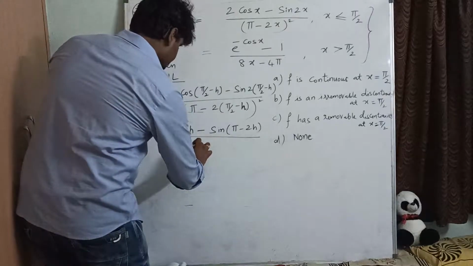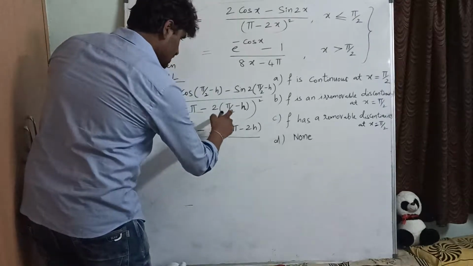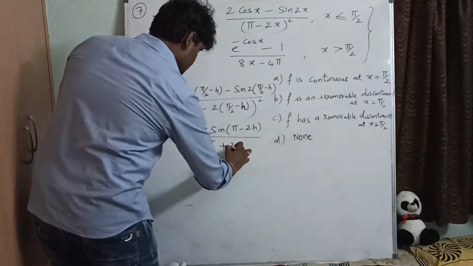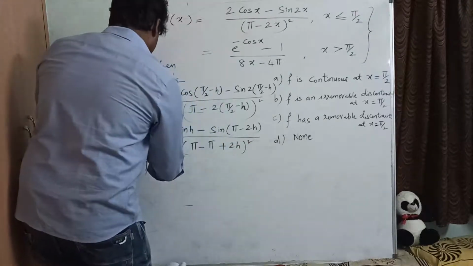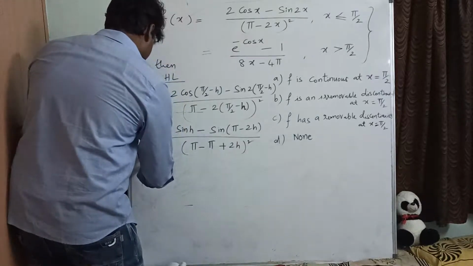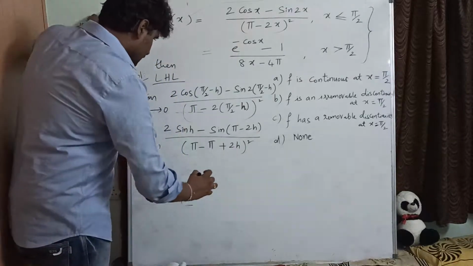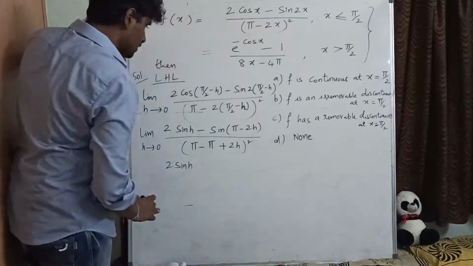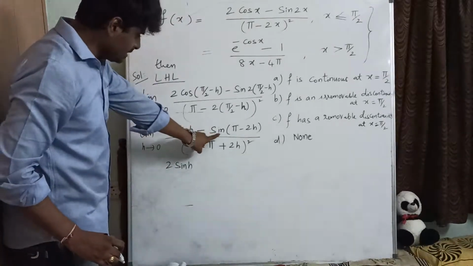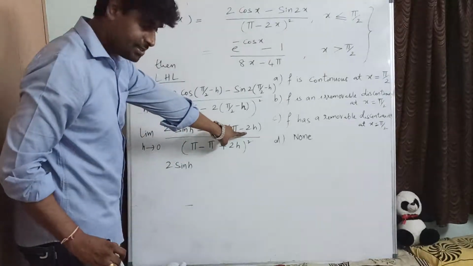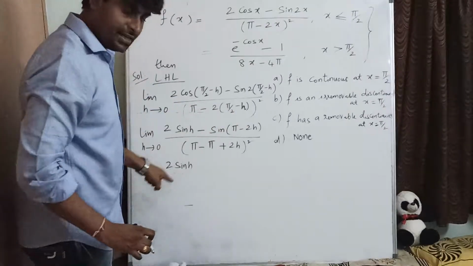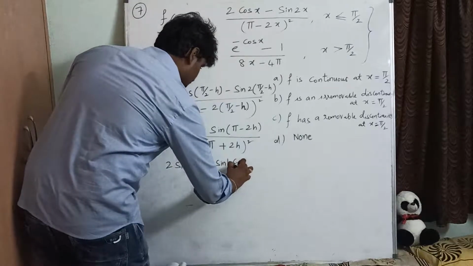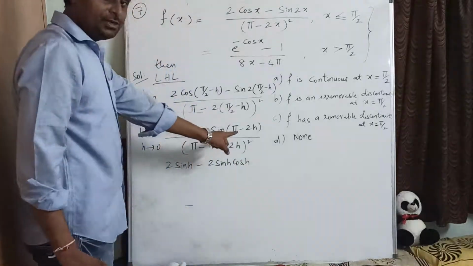In the denominator, when you send 2 inside, the 2 gets cancelled, it will become pi, so pi plus 2h whole square, with limit h tends to 0. Anyway, sin of 180 minus 2h is sin 2h, and sin 2h means 2 sin h cos h, that is the sin 2h formula.